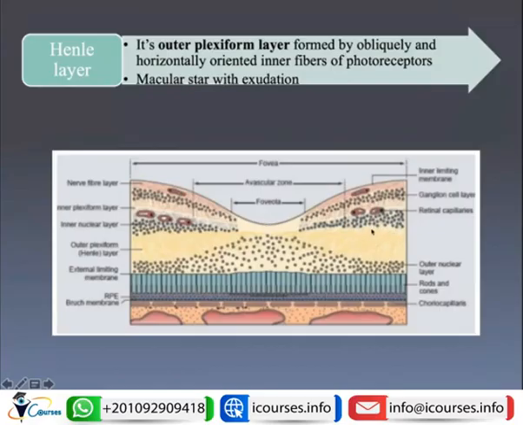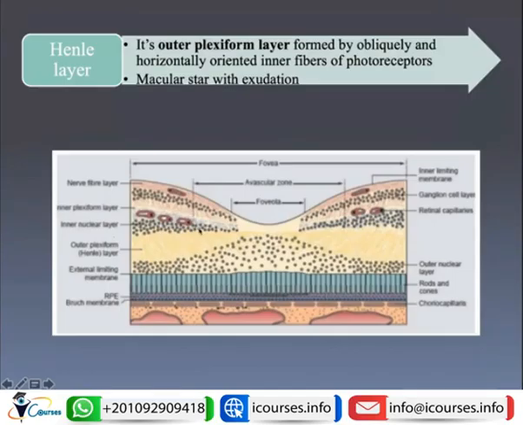The next layer beyond the outer nuclear layer is the outer plexiform layer. Due to the increased density of the central cones, it will be pushed to a side, as you can see here. This pushing of the outer plexiform layer will lead to a radial arrangement of its fibers.